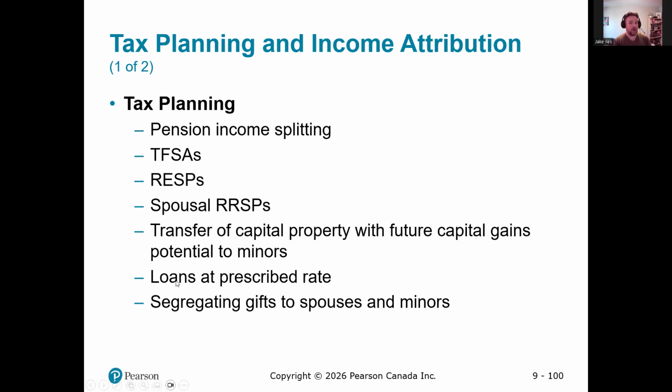If we're going to have a loan, charge the prescribed rates to save on that income attribution, and segregate gifts to spouses and minors. Clarify what is going as a gift to a spouse, what's going as a gift to a minor, so we are aware what income attributions might be coming back to us and how to avoid it.